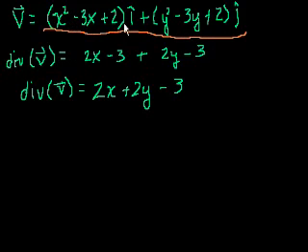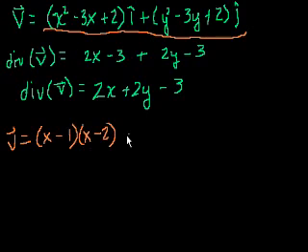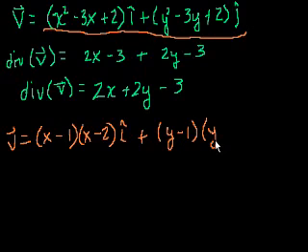If we factor the x component, we could rewrite our vector field as x minus 1 times x minus 2 times i, plus the same polynomial with y for the y component: y minus 1 times y minus 2 times j.